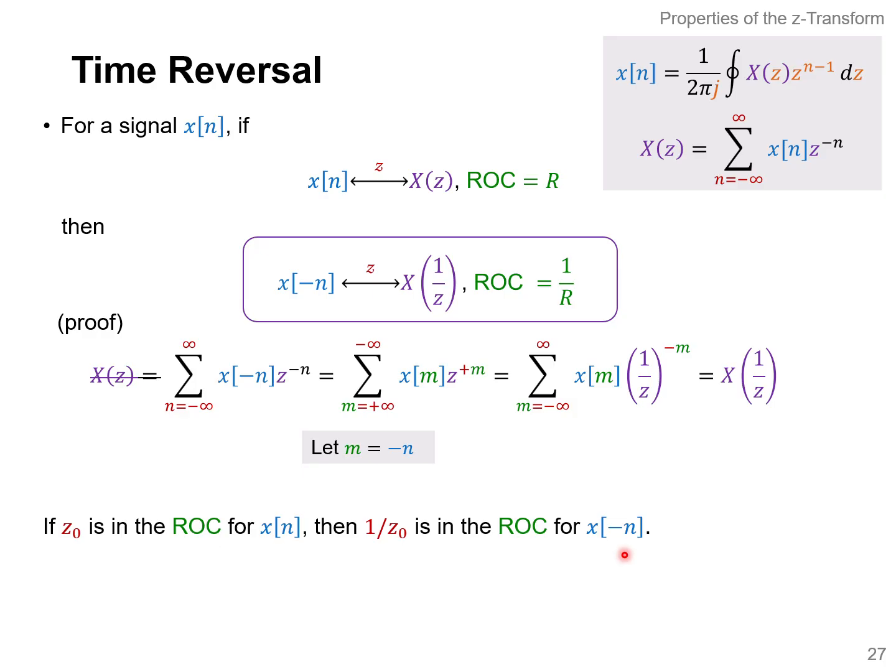So the ROC becomes 1 over R. The poles and zeros also flip. They move to reciprocal positions in the z-plane. This property is useful because it shows how the z transform reacts when we reverse a signal in time.